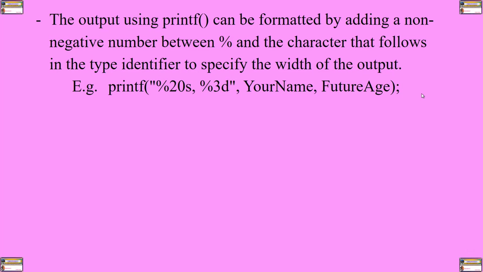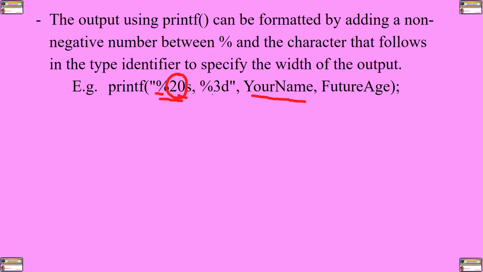Instead of just writing %s, you can specify the size there. And then that means that when the processor or the compiler reads the value in the memory location called your name, if that name is more than 20 characters, the maximum number of characters to be displayed will be 20. So that is formatting.